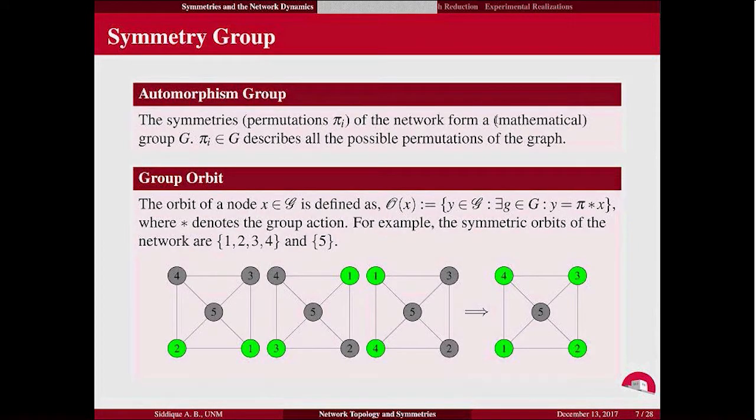Since we are interested in partitioning the network, we want to find the clusters. All the symmetries form a set which forms a mathematical group, and from this we can find the orbits of this group. In the bottom figure, we can see that node 1 can swap with 2, with 3, and with 4.